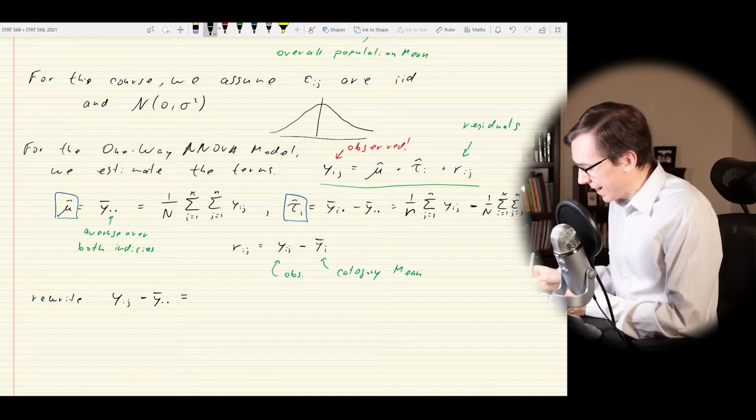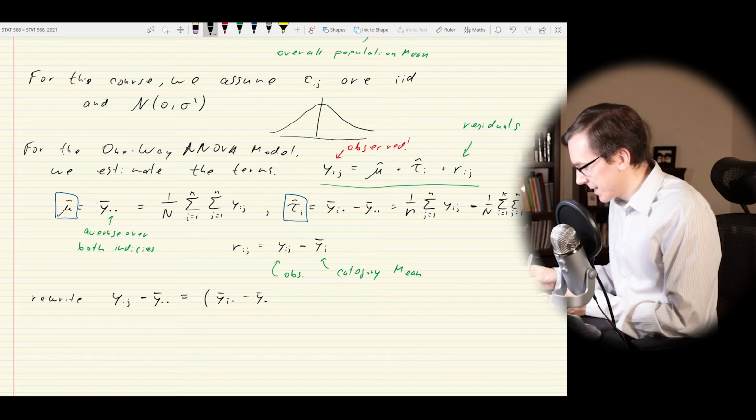So we subtract that, and then we can write two terms: y bar i dot minus y bar double dot, and we can add to that the residual term y_ij minus y bar i dot.